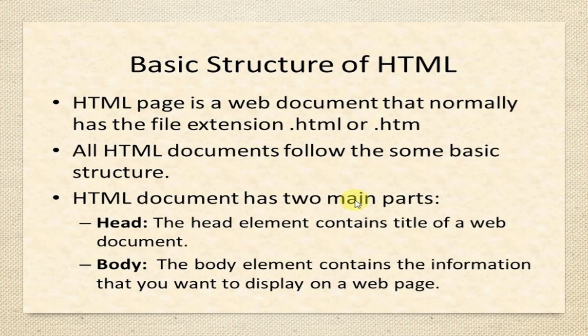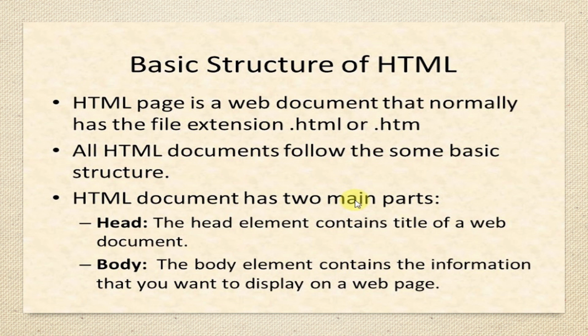Basic structure of HTML. An HTML page is a web document that normally has file extensions. There are two basic extensions. They are .html or .htm. You can use either of these for your file extension. All HTML documents follow some basic structure. An HTML document has two main parts.